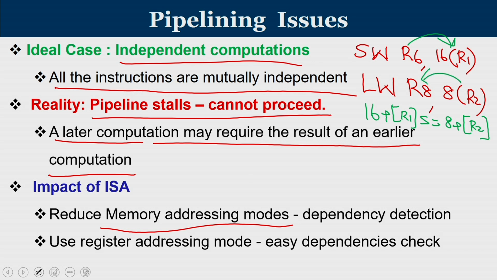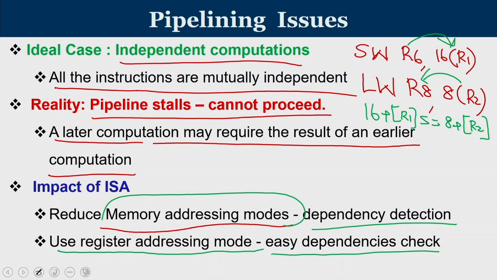So, even though there is no dependency that we can detect by looking at similarity of registers, still there exists a dependency. So, wherever possible, try to reduce memory addressing mode because dependency detection is very difficult. Use register addressing mode wherever possible because it will help the compiler in easy detection of dependencies.